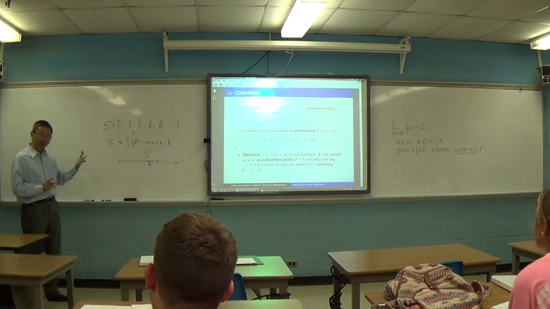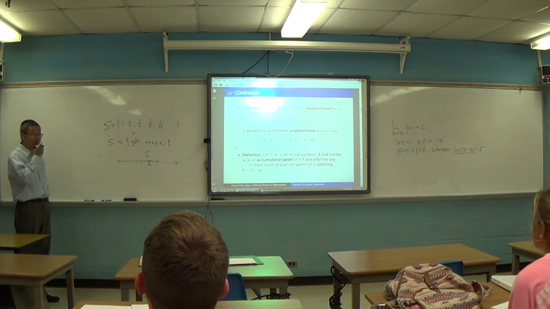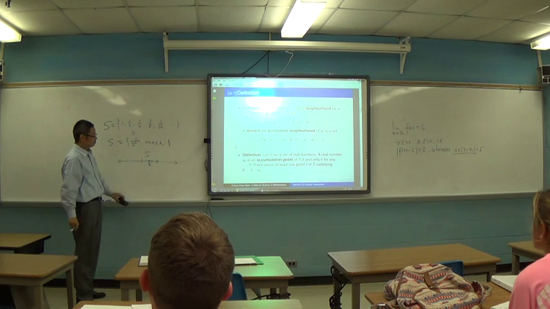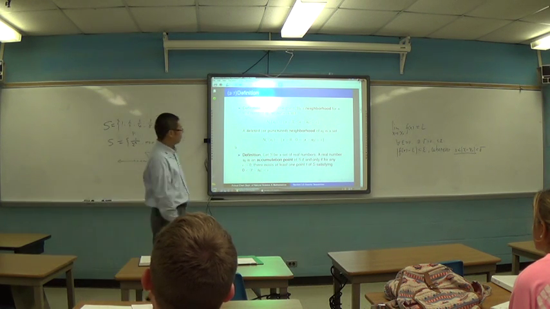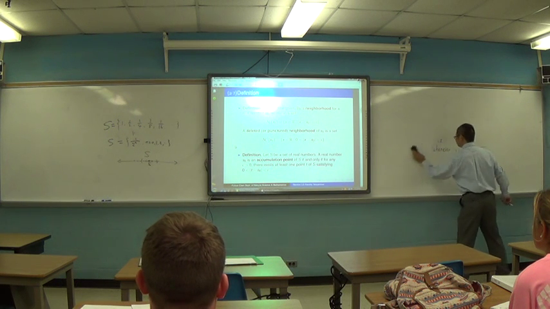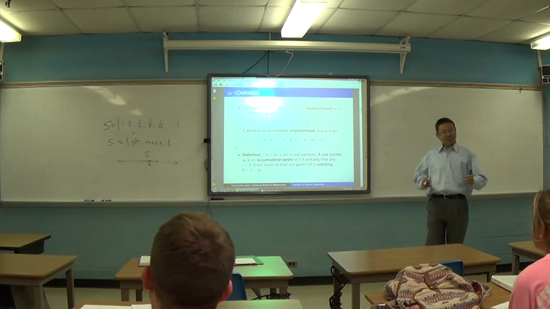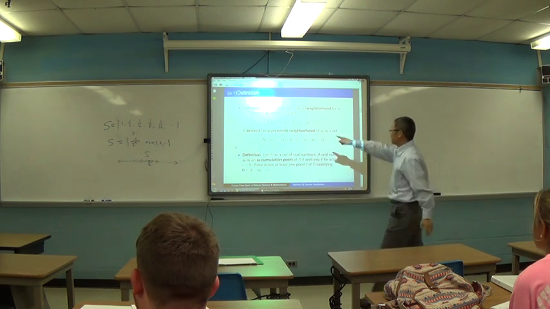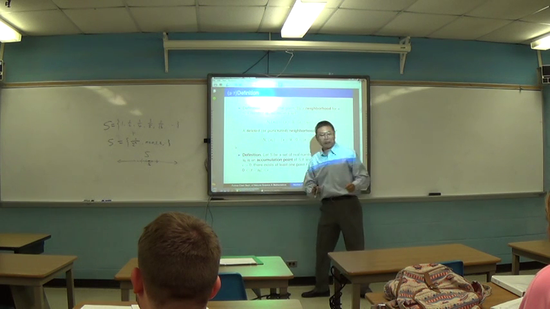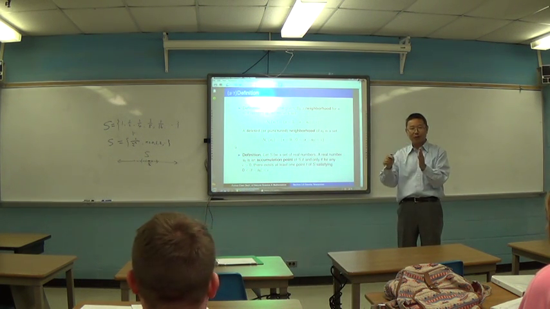Can anybody tell me, based on your understanding, what's the accumulation point? It must be a deleted neighborhood, right? Because here it is greater than 0. It's 0.